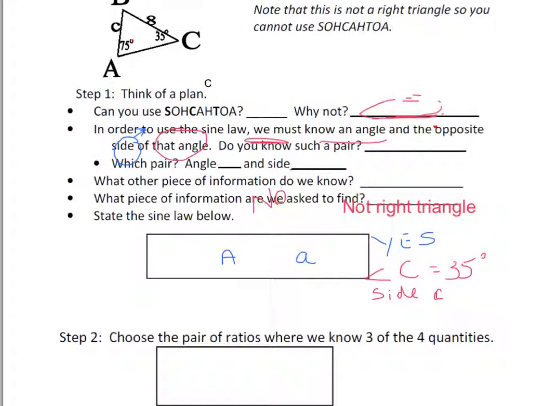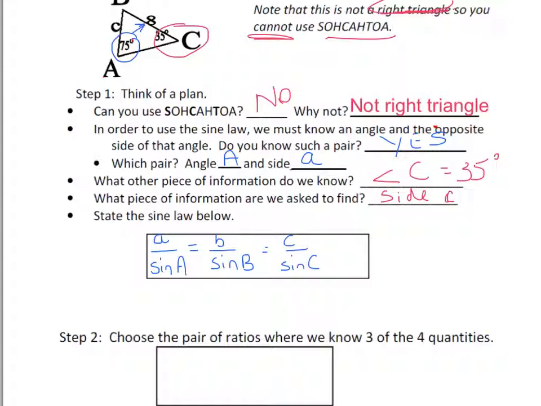State the sine law below. Okay, so remember, from above, the sine law is little a over sine of angle A equals B over sine of angle B equals little c over sine of angle C. Now, we're not going to use this whole law because we don't have all the pieces of information here. We only have 4 pieces of information. One of them is the piece of information that we're trying to find.